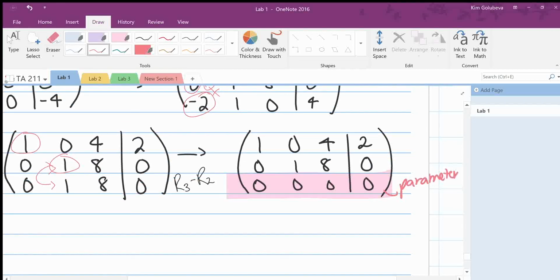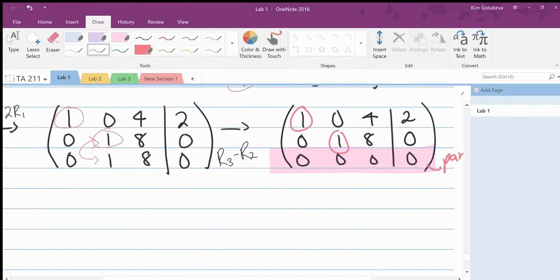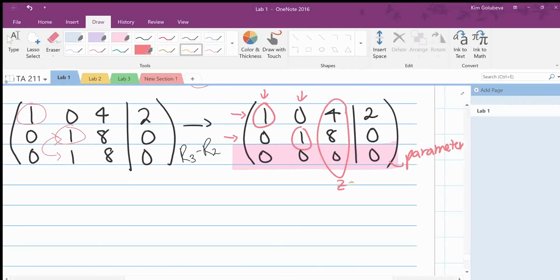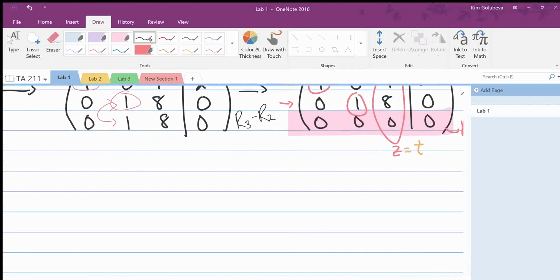Okay, so we see that yes, we have a leading one in these two rows, and we have a leading one in these 2 columns. But we do have a parameter here. So our z, once again, is our parameter. So let's call it t again. Okay, so we're going to say z equals t here. Now, let's do the same thing that we did in the last problem, and we'll write out what we have.